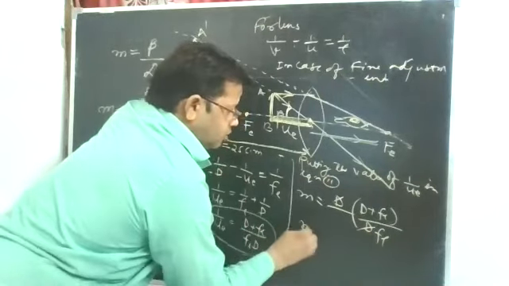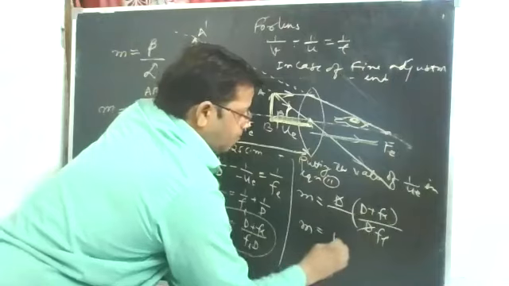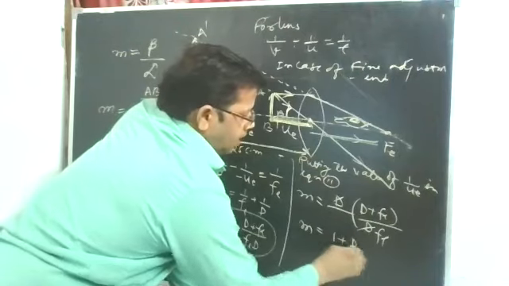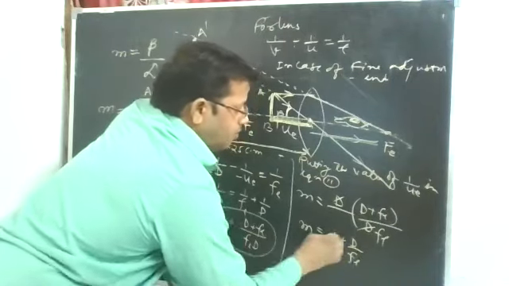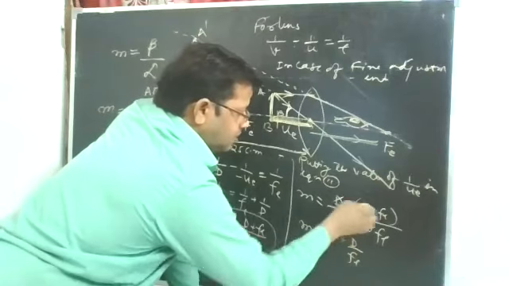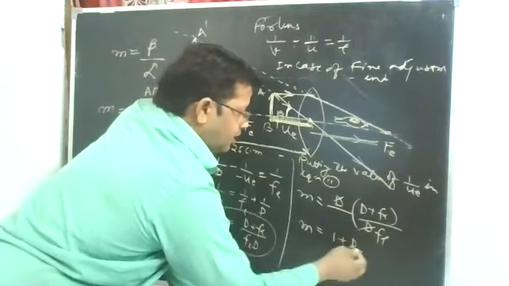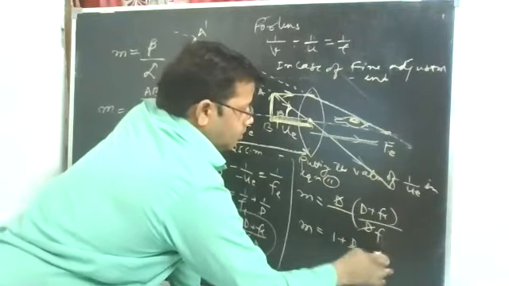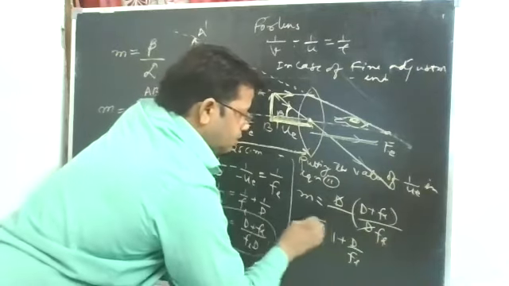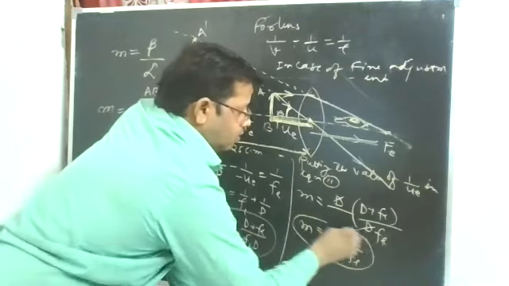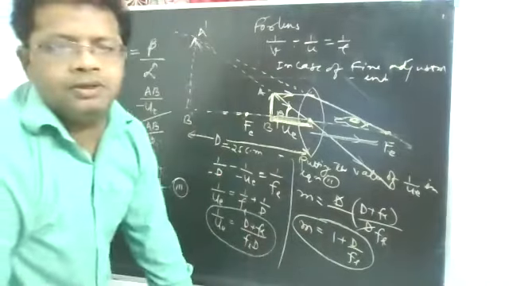So the magnification formula will be 1 plus D by f_e. Taking the LCM, it is the same, D plus f_e by f_e.